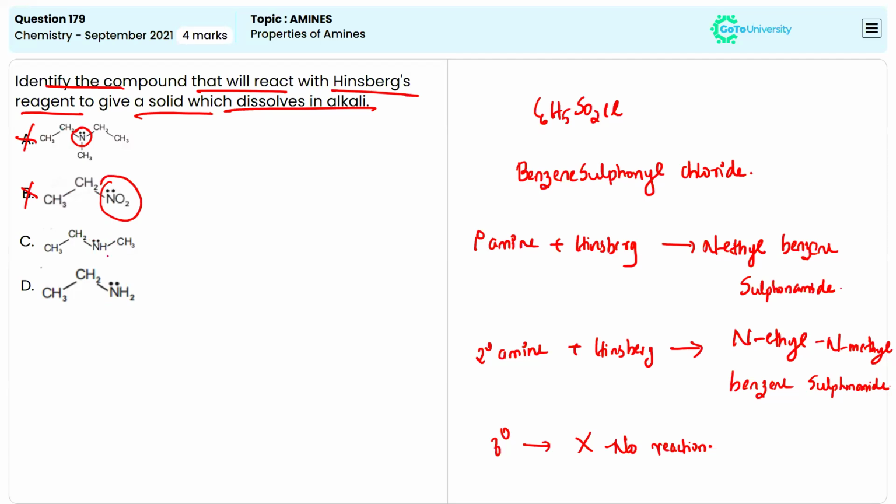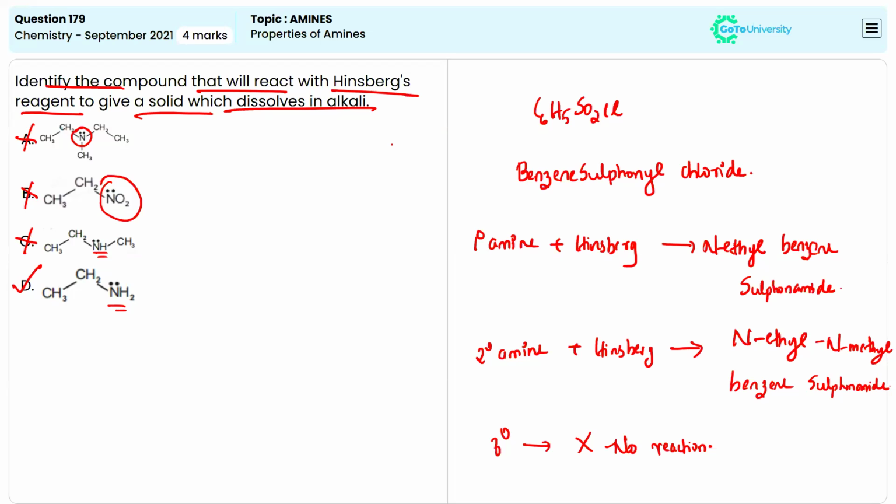Coming to options C and D, here this is a secondary amine. Secondary amine can produce the product, and the third one is a primary amine which also produces the product. But the one which produces a solid which dissolves in alkali will be D, not C. So the correct answer is the primary amine, that is ethylamine CH3CH2NH2.